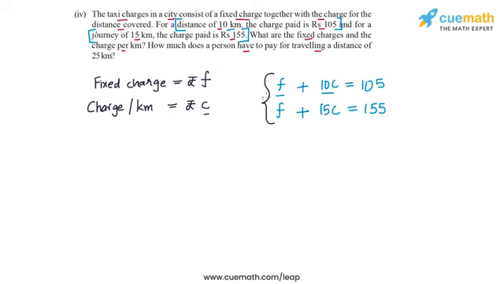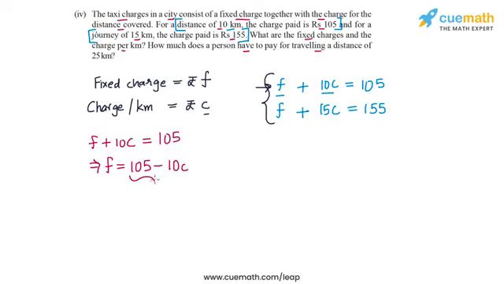So what we can do is take one of the equations and write one of the variables in terms of the other. So I will take the first equation and I will write f in terms of c. So we have f plus 10c is equal to 105. So from here I can write f is equal to 105 minus 10c.